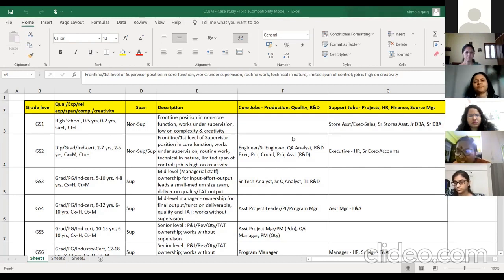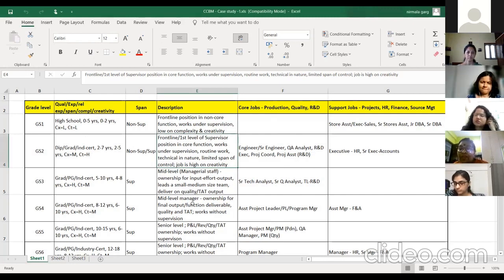Then the last step, what I want to show you is this step. In your positions, don't go by this template. Keep one column where in grade 1, after having evaluated, you say, hey, these are positions in grade 1. These are positions in grade 2. These are positions in grade 3 and grade 4. Done? So this is how I want you to, I'm just trying to show you what it is. Don't get into descriptions and all that.